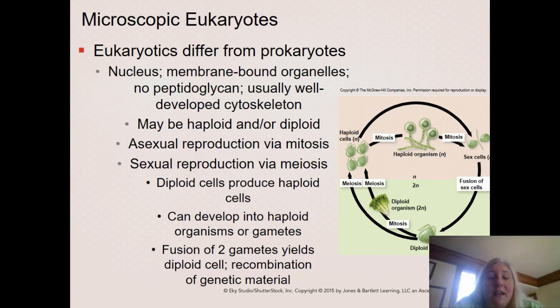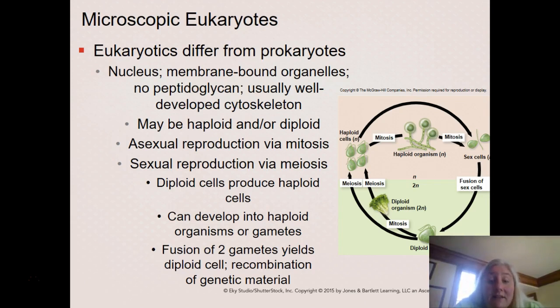With the eukaryotic organisms, they can divide asexually via a process known as mitosis, where you divide the nucleus and then the cell divides. Or we can go through sexual reproduction via meiosis, where we take a diploid cell and produce haploid sex cells from them.